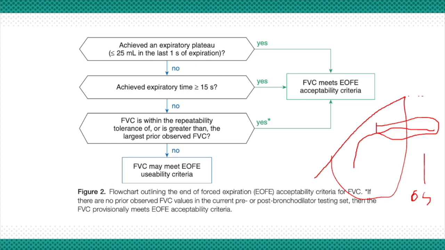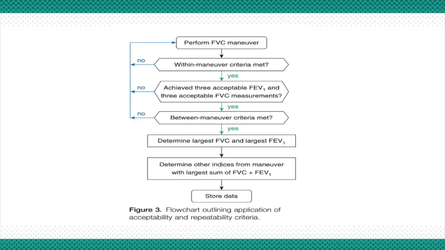The third criterion of acceptability is where the FVC is within the repeatability tolerance. You've repeated the test and almost every time it is of the same value, then you can meet the end of expiration criteria and conclude the test. Also, it's important now to assess both FVC as well as FEV1 maneuvers for individual acceptance and for between maneuver acceptance criteria.